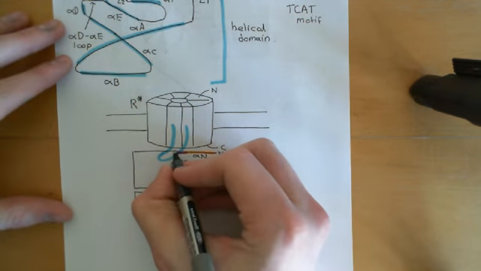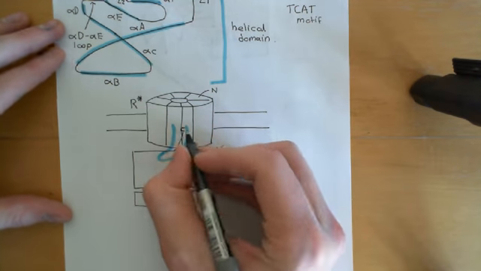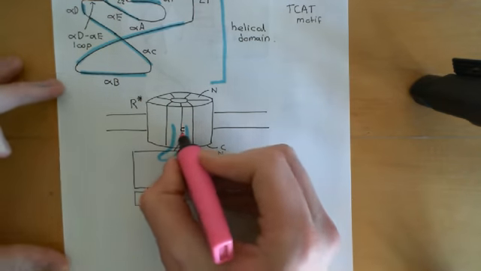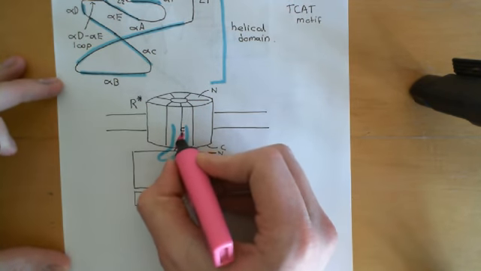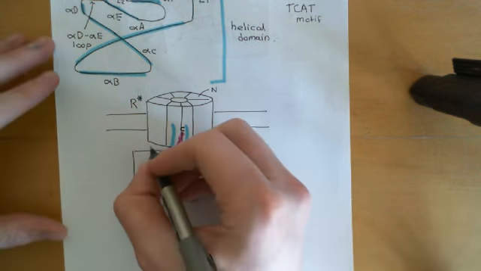And then let's add on the other important domain. So here is the C-terminal tail of the alpha subunit that will be inserting into the crevice that is now open at the base of the receptor, and that's one of the key ways in which the alpha subunit binds to the G-protein coupled receptor.